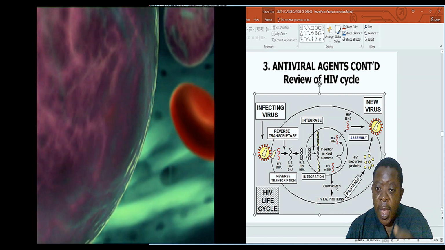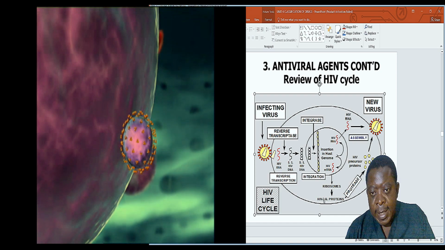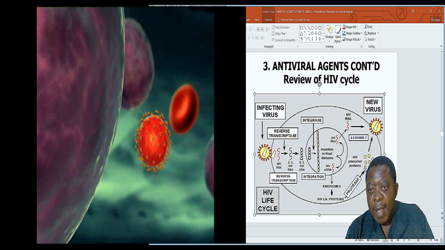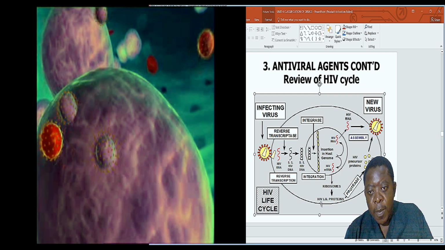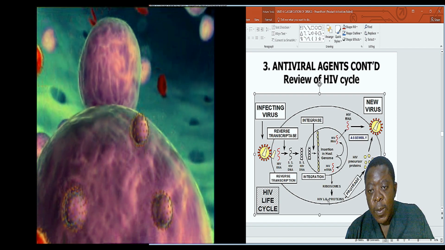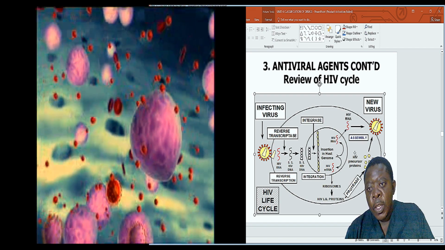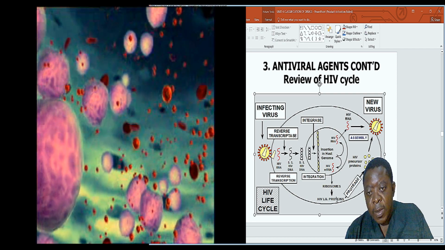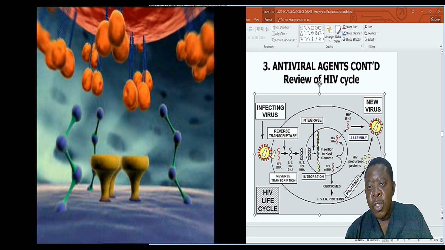So with the help of the protease enzyme, it is going to cut long HIV proteins into HIV precursor proteins. So here at the bottom of the cell, we have HIV longer proteins that come out from there. So when the protease enzyme works on these HIV proteins, it's going to cut them into smaller ones that are needed for the virus.